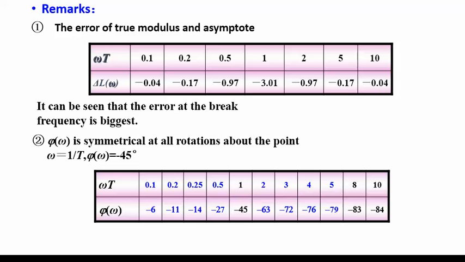Now the angle at 0.1 is minus 6 degrees. At 1 we got minus 45, and at 10 you calculated it was minus 84, right?